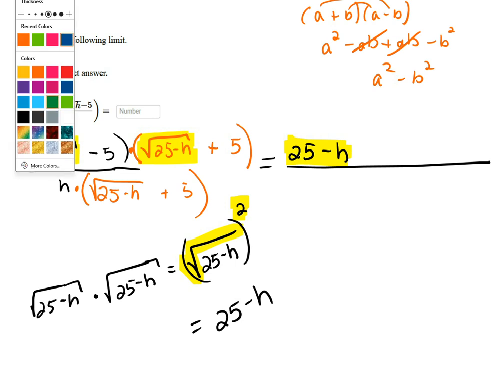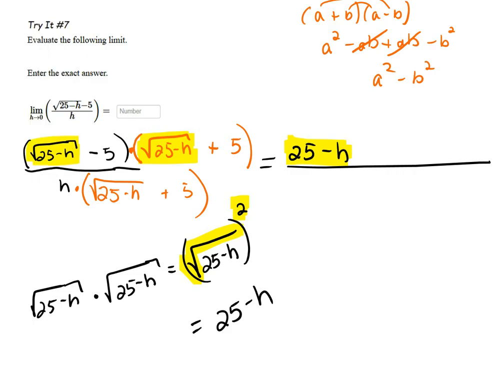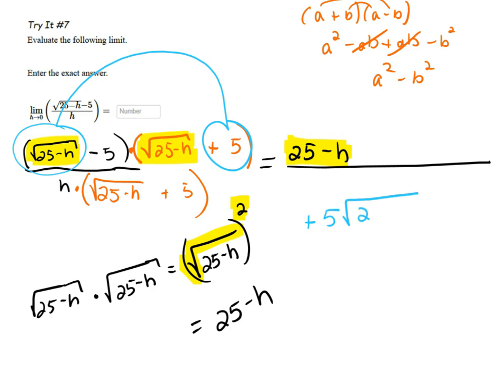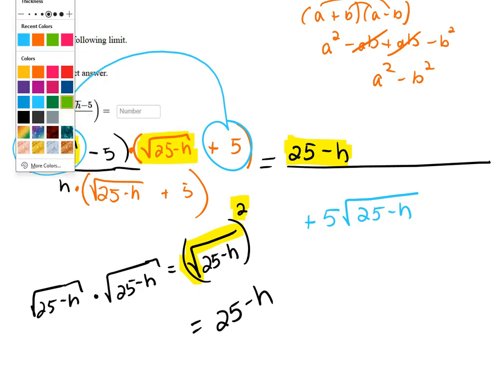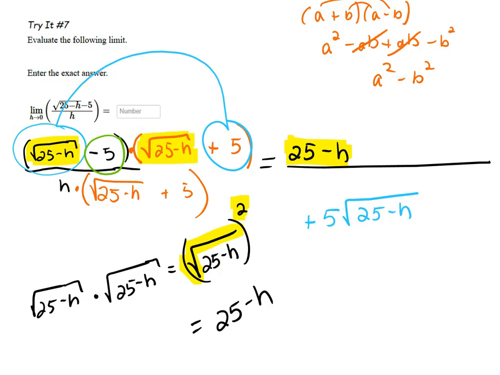Now, when you do your outsides, you take this times that, which would be a positive 5 times the square root of 25 minus h. And then when you do your insides, which is a negative 5 times that, you get a negative 5 times the square root of 25 minus h.